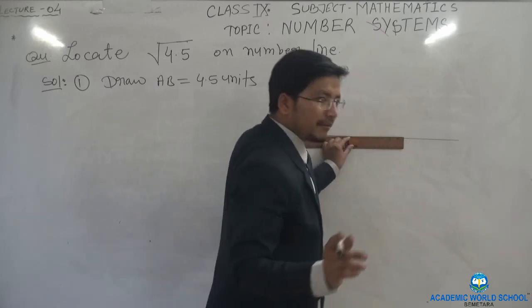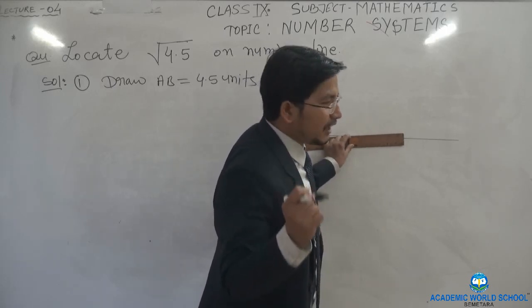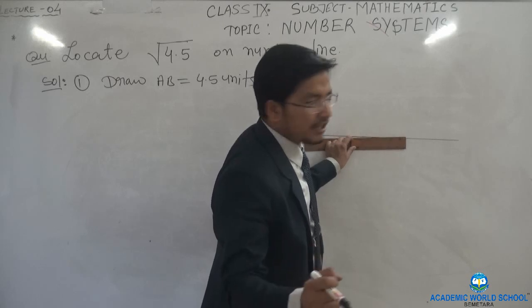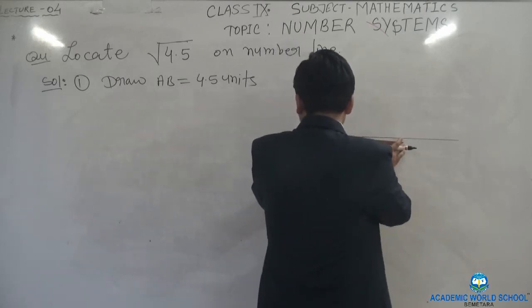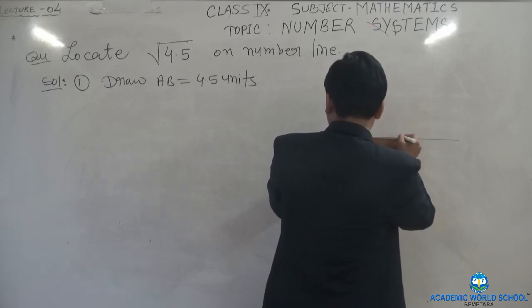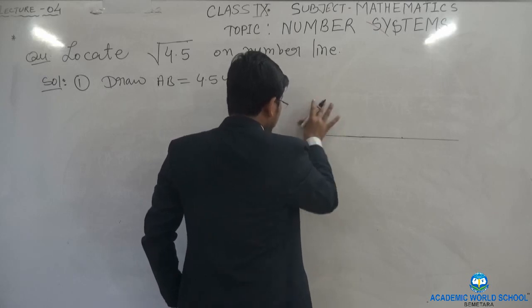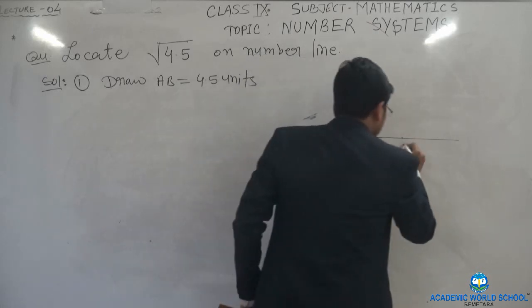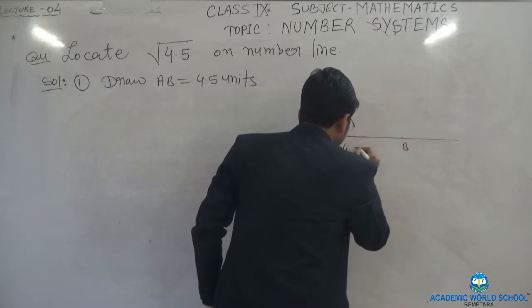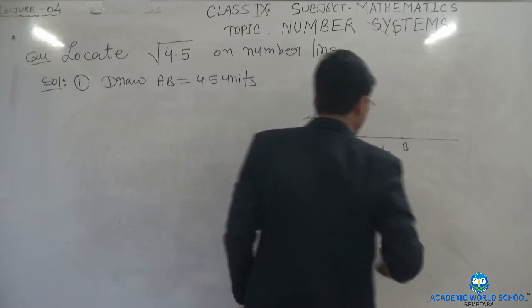So student, you are having scale with you, you are having all the things with you. So you please take out your scale, compass and all geometry box and draw with me. So take AB is equal to 4.5 units. So let's say this is AB, and this is 4.5 units.